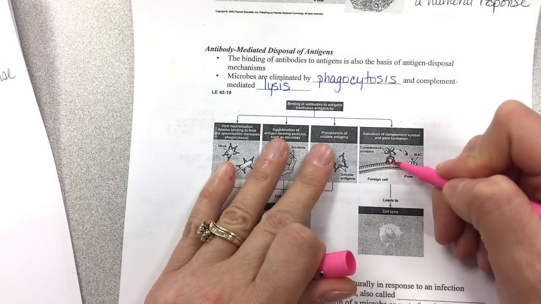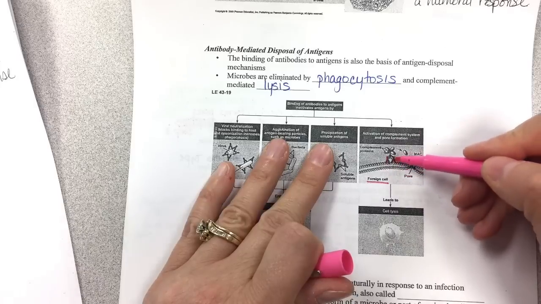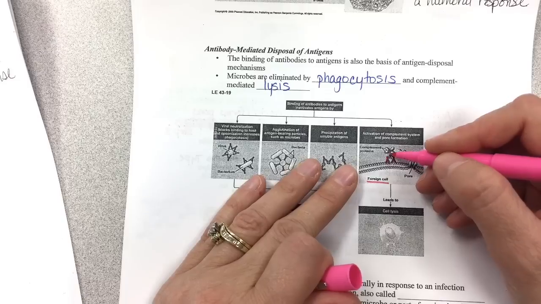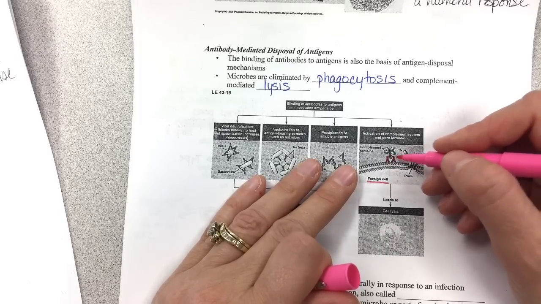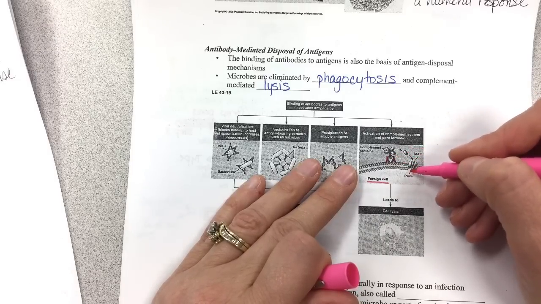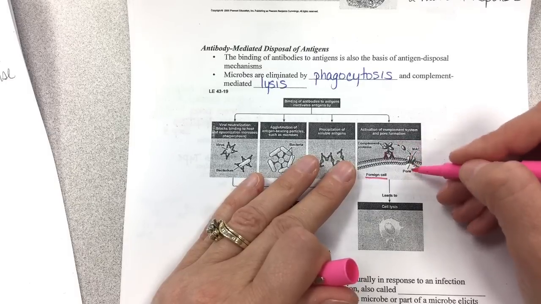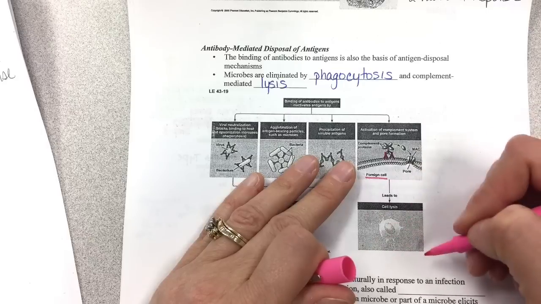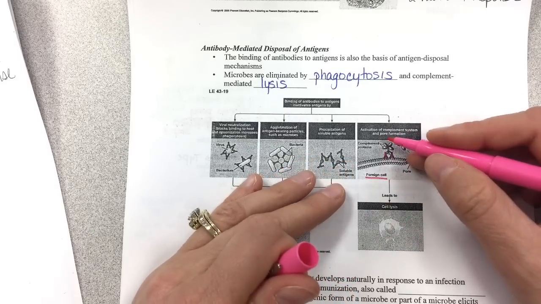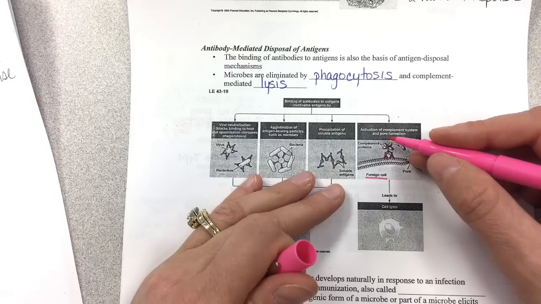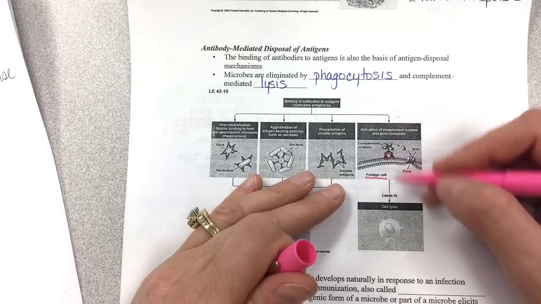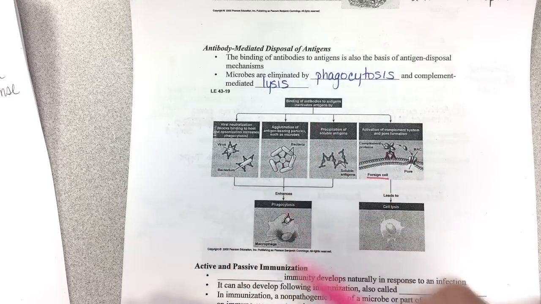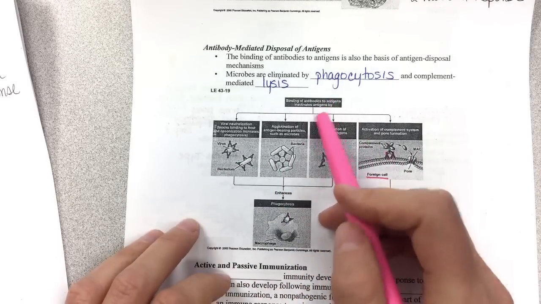Here are your antibodies on your foreign cell. That triggers the complement system, which remember are generic proteins that will trigger the cell to lyse by poking holes in it, and so water can get in and the cell lyses. So this, remember, is kind of the generic part.